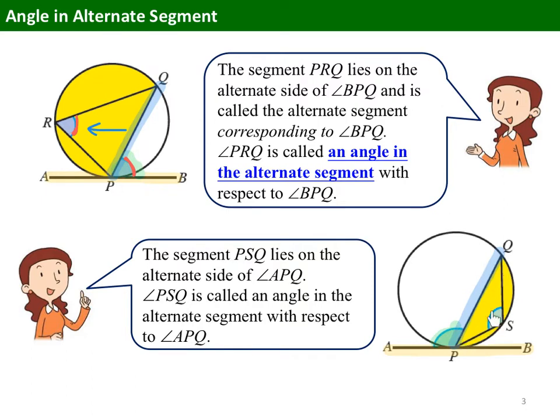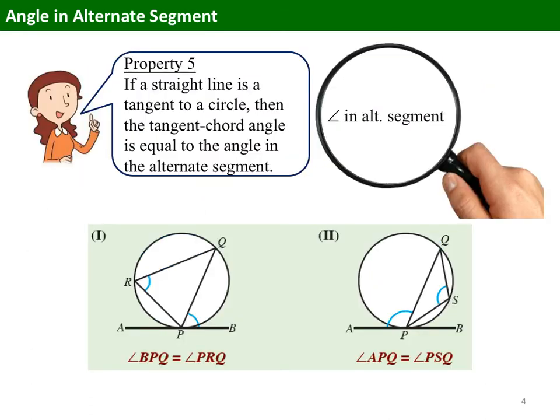We have an angle here, on the other side of this blue line. This is the angle in the alternate segment, and these two angles are equal. When we use this property, we just write down the name: angle in alternate segment. That's it.